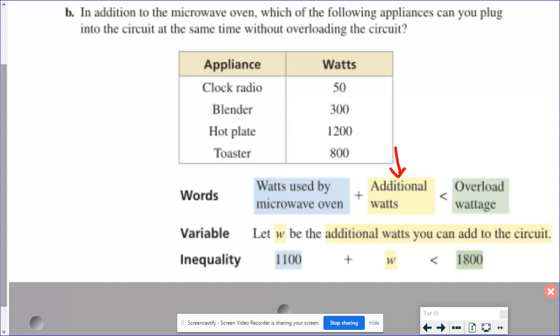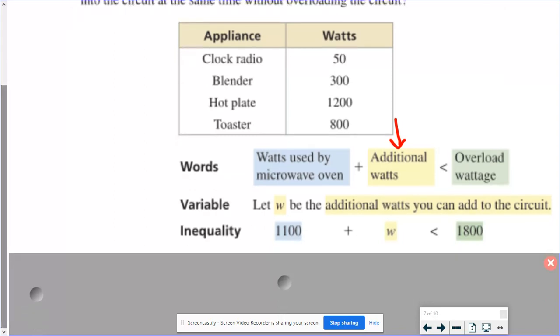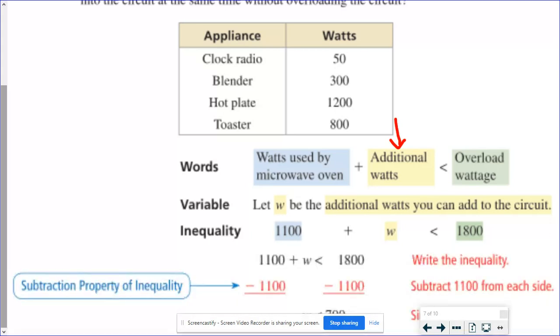By the way, I have no doubt that you can just do this in your head and you know this, but we're using easier problems to practice so that you can practice writing that. So when we solve this, let me just get rid of that shade. I'm going to see that, well, you can almost see it, but the screen is covered right now. W is going to be less than 700.